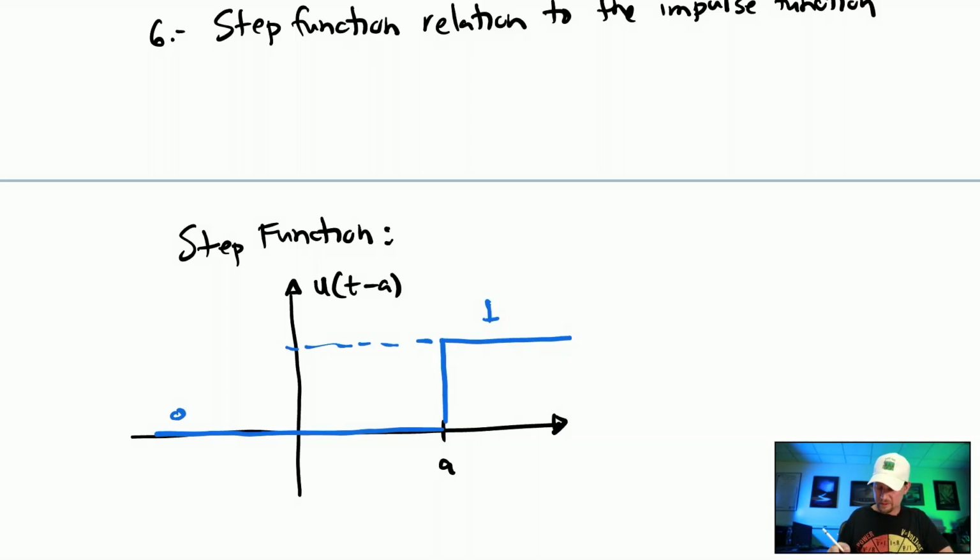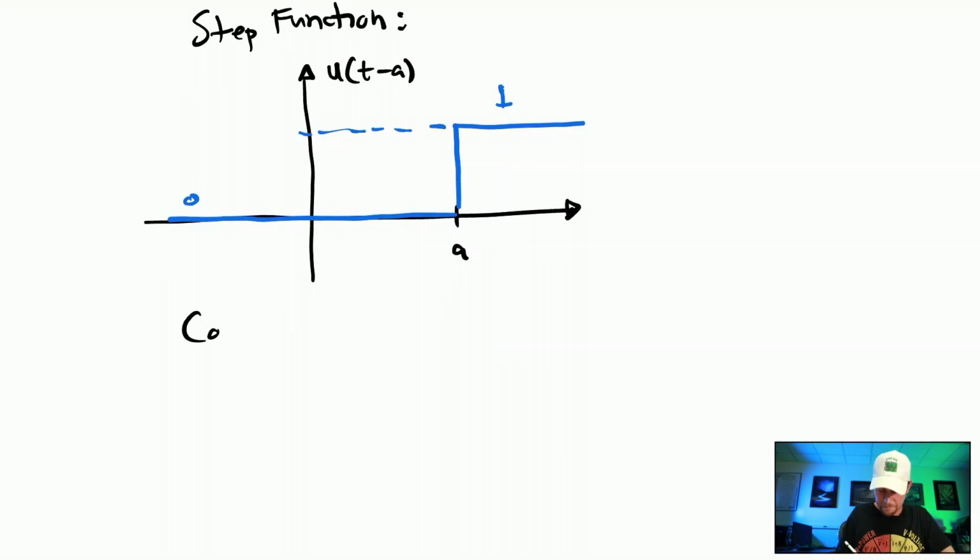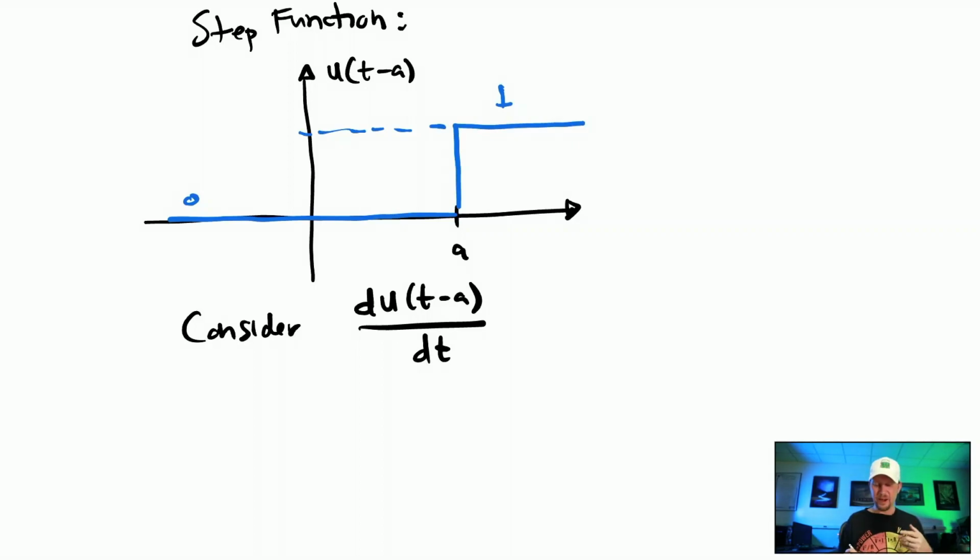And consider the derivative of the step function with respect to time. The derivative of 0, it's constant, it's going to be 0. The derivative of 1 with respect to time is 0.